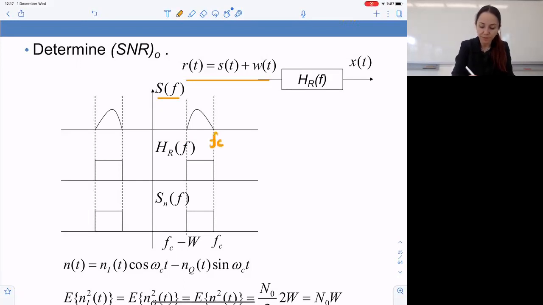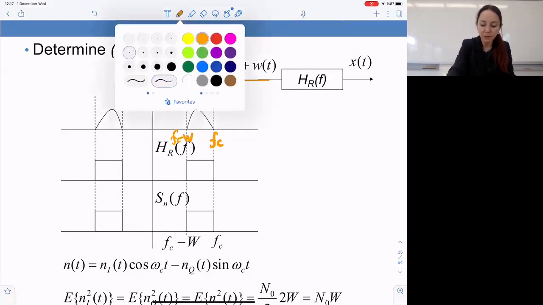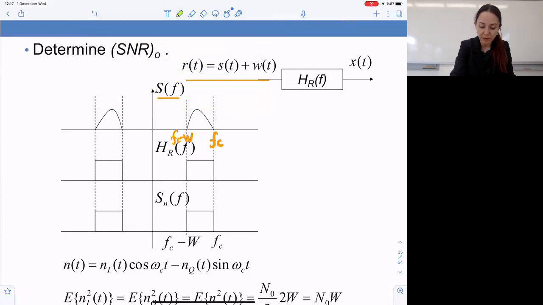FC is here, and this is FC minus W. If this had been double sideband, our filter would have been two-sided, symmetric around FC.